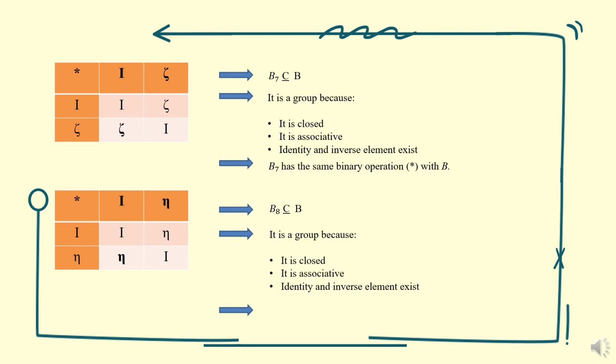What is the identity element? The identity element in this table is Roman numeral I. The inverse of Roman numeral I is I, and the inverse of eta is also eta. That's why an inverse element exists. Therefore, we can say that B8 has the same binary operation star as B.